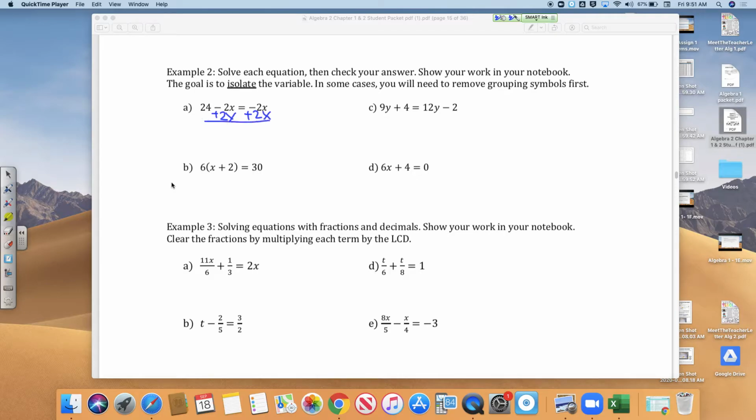Now, this is a little interesting because when I add 2x to this side, I'm left with 24 equals, and then when I add 2x to this side, I'm left with 0. Now, this is an interesting problem because when this happens, I'm getting a false answer. That means that this has no solution.